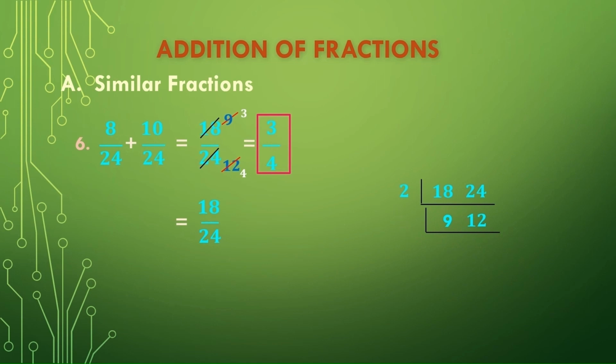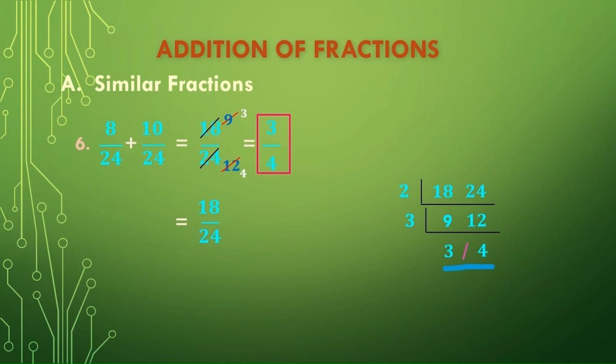But 3 is a factor of 9 and 12, so let's divide them by 3. 9 divided by 3 is equal to 3. 12 divided by 3 is equal to 4. 3 and 4 have no common factors except 1. So let's stop dividing. If we put a fraction bar between 3 and 4, we have 3/4. And 3/4 here corresponds to our previous answer, which is 3/4.